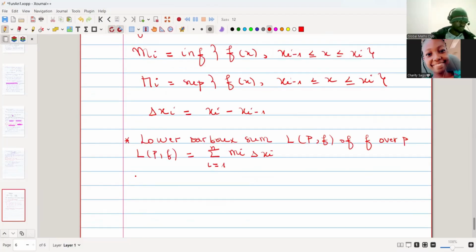So what I'm defining here is what we are going to use to show that that function is not Riemann integrable.